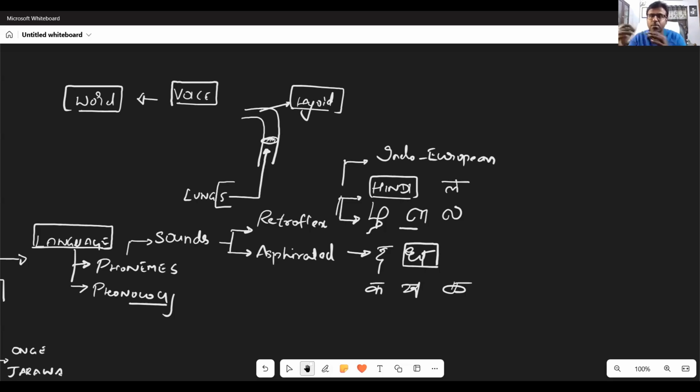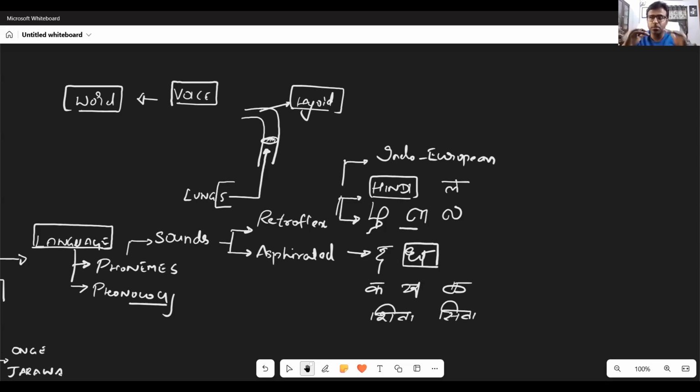So you don't have this aspirated sound. For example, my name itself, my friends in North India used to pronounce it as Shiva. They don't pronounce it as Siva. In Tamil, it is Siva. In Hindi, it is Shiva. This is because this kind of an aspirated sound is not that prevalent in Tamil.